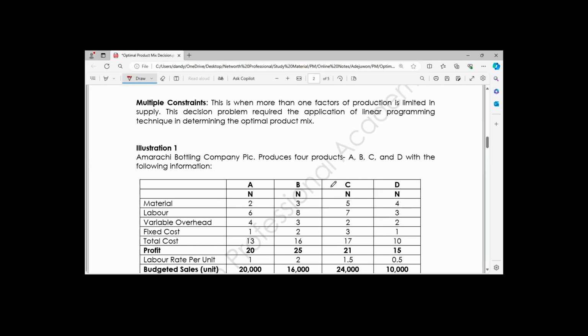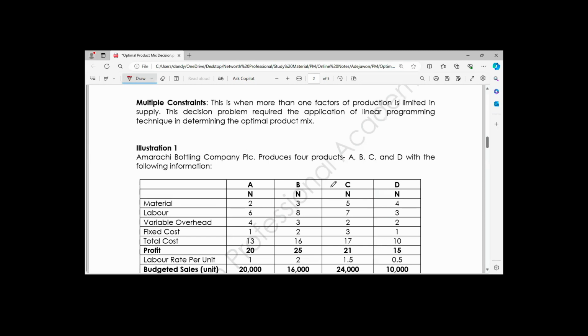This can be done by comparing the required resources versus the available resources, to see whether it will result in a shortfall or a surplus. If it's a surplus, it means there is no constraint. But if it's a shortfall, that means that resource is not sufficient.